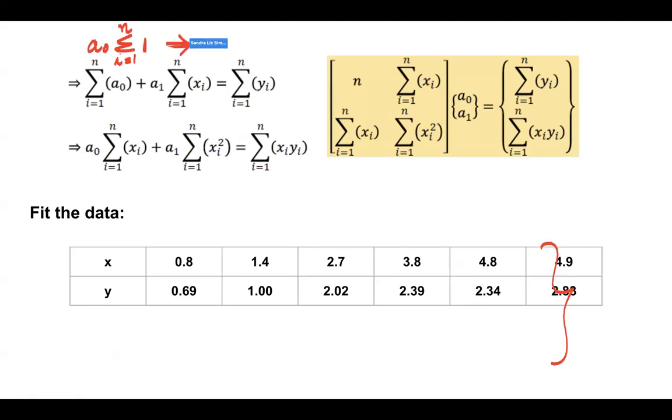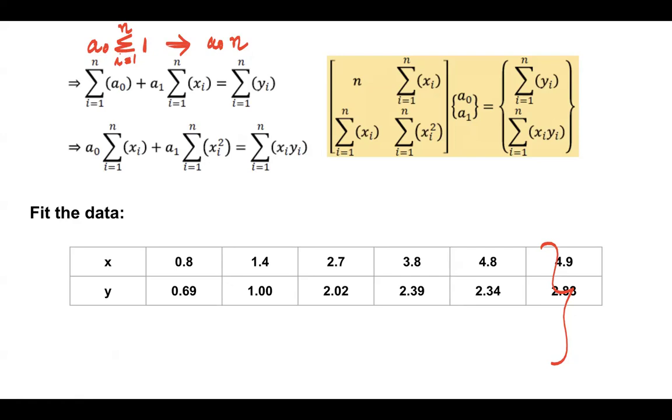This can also be written as a0 n, because it will be written n times, basically 1 plus 1 plus 1 plus 1. So the sum is a0 n. So this is what you do.